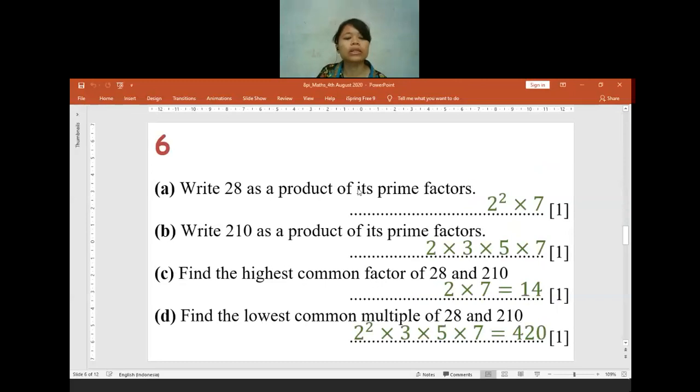For question 6, write 28 as a product of its prime factors. When it says product of prime factors, it is written as a product. Product means times, so you have to find any numbers as long as they are prime.